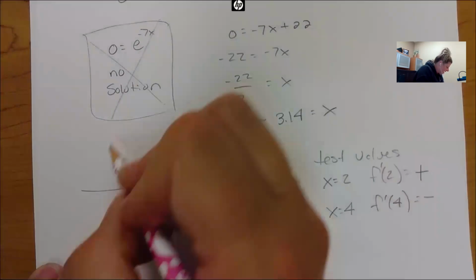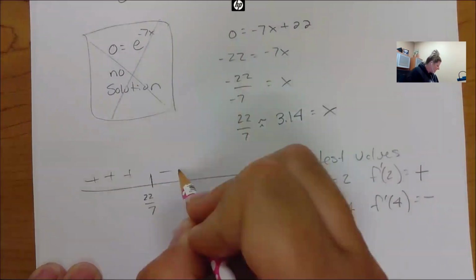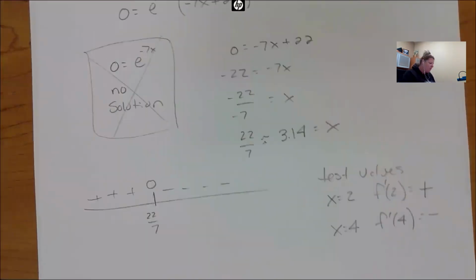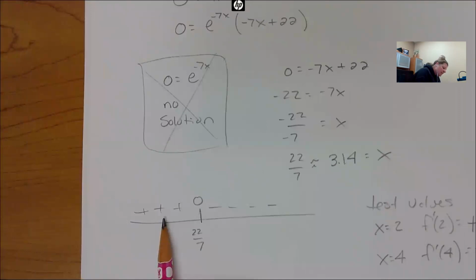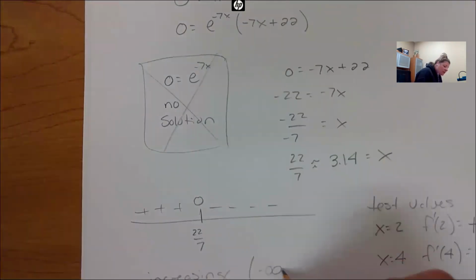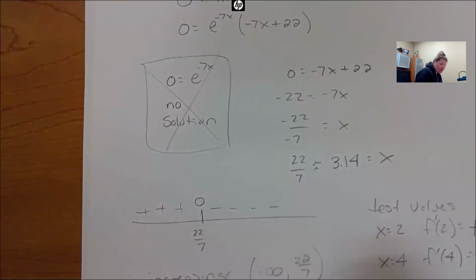So this is going to go positive, negative, and this is a 0. It's not an undefined. So where are we increasing? We're increasing where you're positive. So we're increasing from negative infinity to our 22 sevenths, and we're decreasing from that 22 sevenths to infinity.